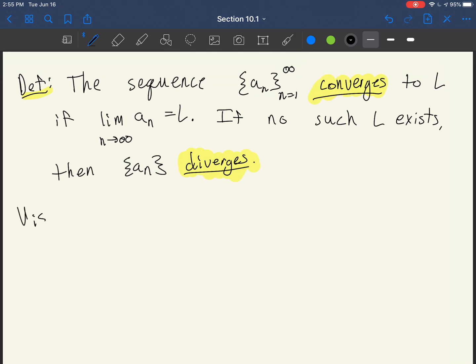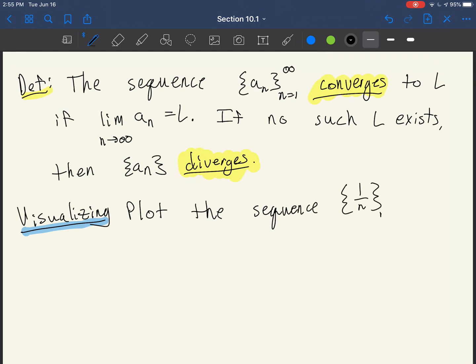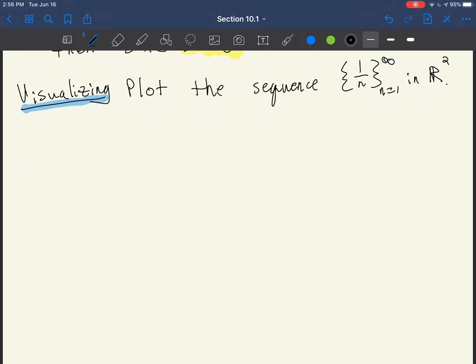So how would we visualize a sequence? Let's plot the sequence 1 over n from n equals 1 to infinity in R2, so on just your normal coordinate system.